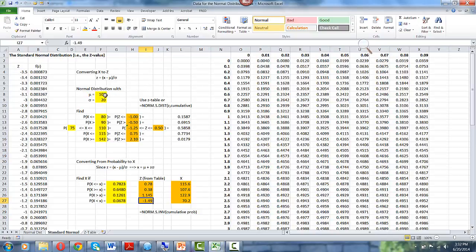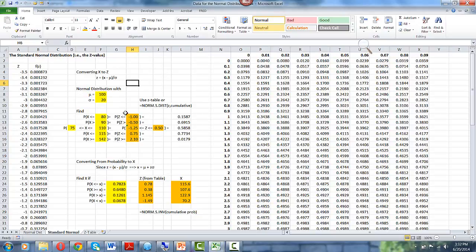Okay, and it doesn't matter whether this was 100 for mean and 20 for standard deviation, or 200 and 100. We can come up with a z value based on that. Okay, so let's just go back to the mean of 100, standard deviation of 20.